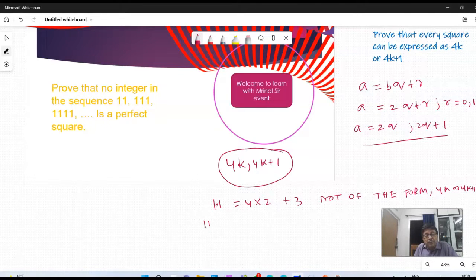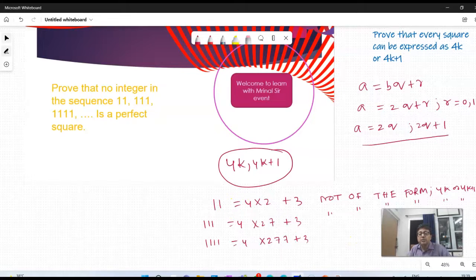What about 111? This we can write as 4 into 27 plus 3. This is also not of the form 4k or 4k plus 1. 1111, how to write? This is 4 into 277 plus 3.